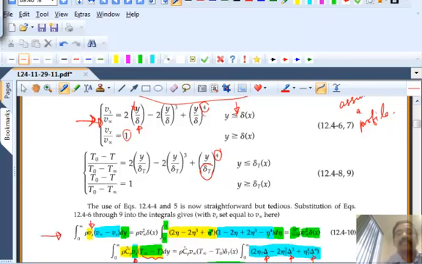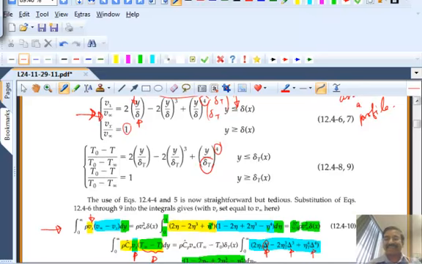So what you do here is multiply and divide by delta t to the power 4. Okay, and then you'll get y over delta t, and delta t over delta is defined as this symbol. That's also called delta in Greek.